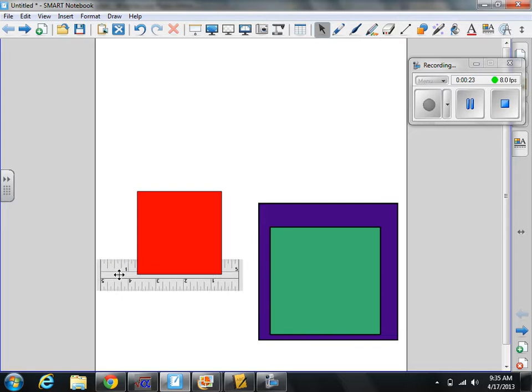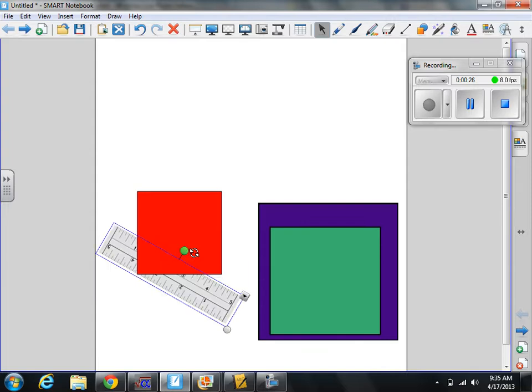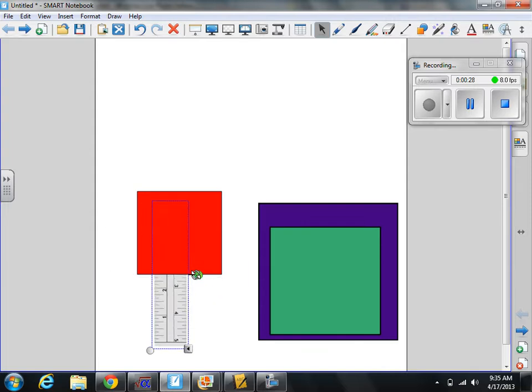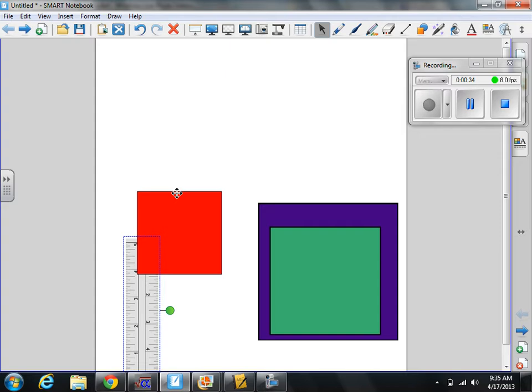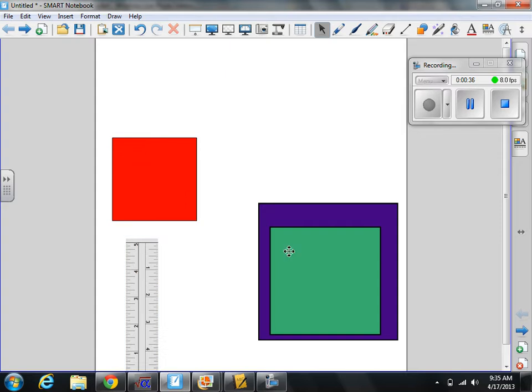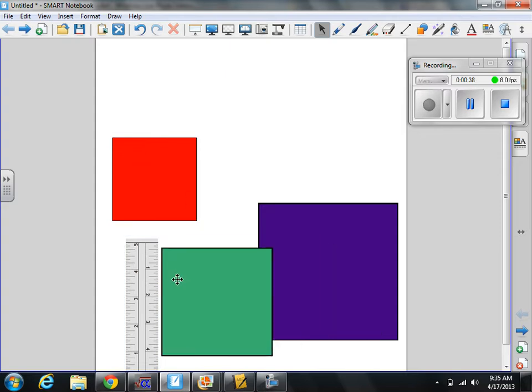squares. So this one is 3 by, if we take a look here, it's 3 by 3. Okay, so this one's a square. Then let's take a look at the green one.